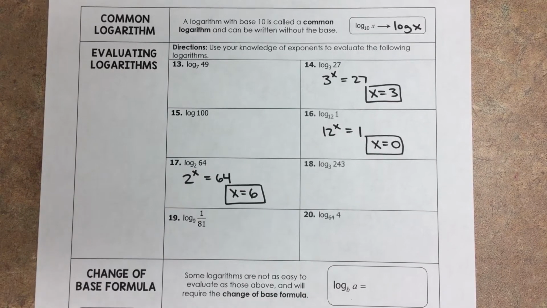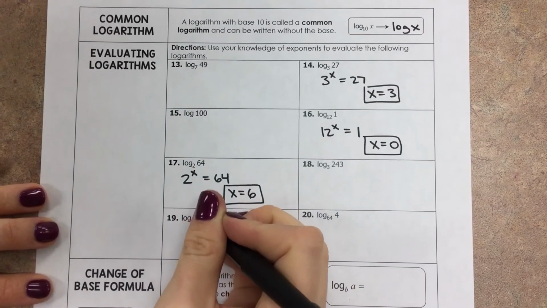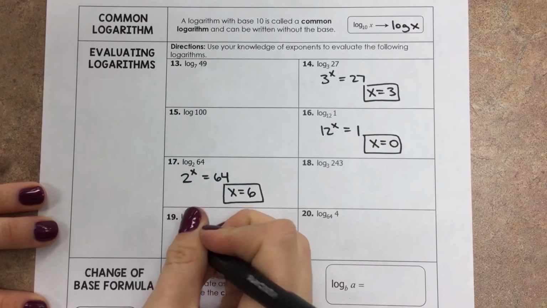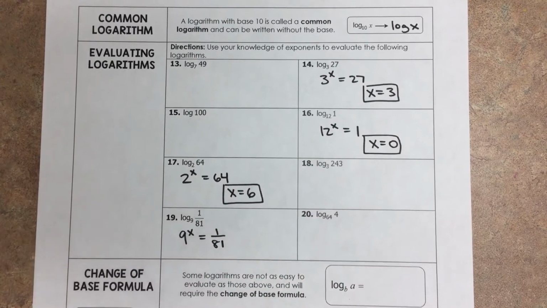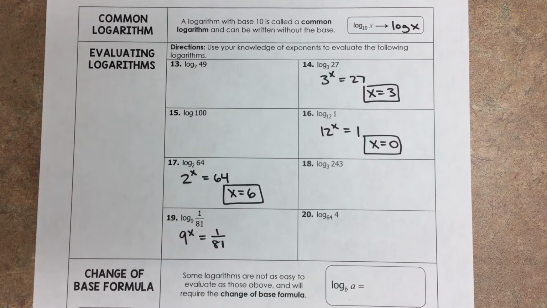Let's do 19 and 20 in this section right here. So 19, log base 9 of 1 over 81 means what power of 9 equals 1 over 81? So here's something we should know from the last couple lessons.